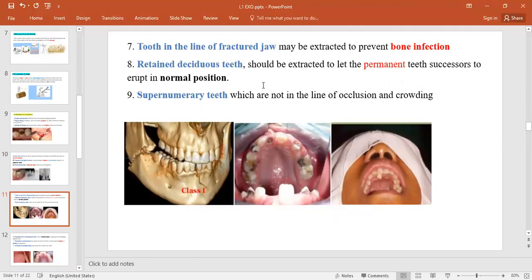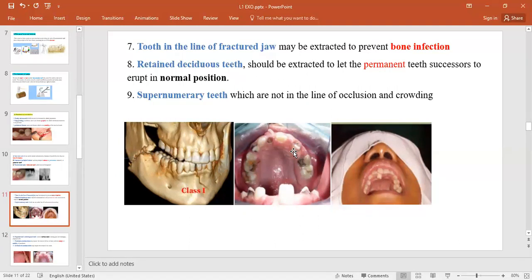Tooth in the line of a fracture: the tooth here, as you see in the fracture, is a source of infection, and it will cause delayed healing of the fracture, so we must extract this tooth.